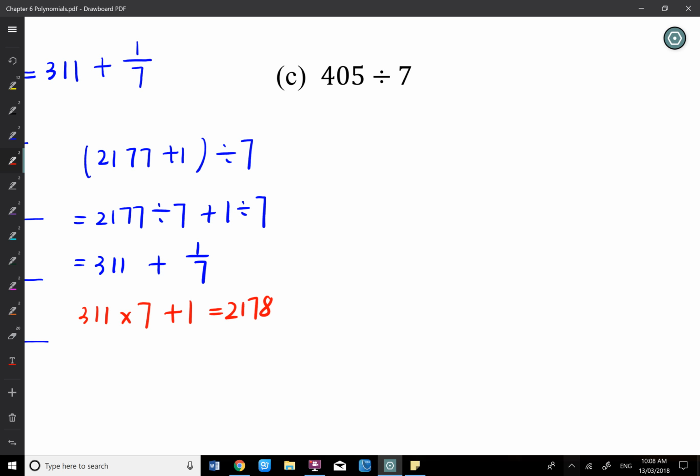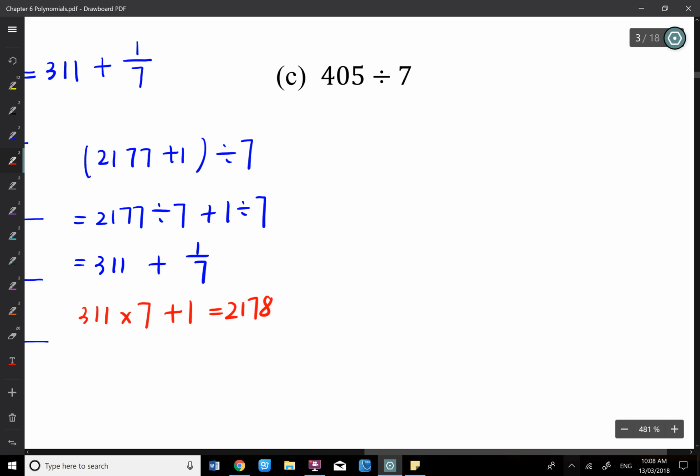Okay, the next one, 405 divided by 7. 5 times 7, 35, 55. Well, 7 times 8 is 56, it's too much.